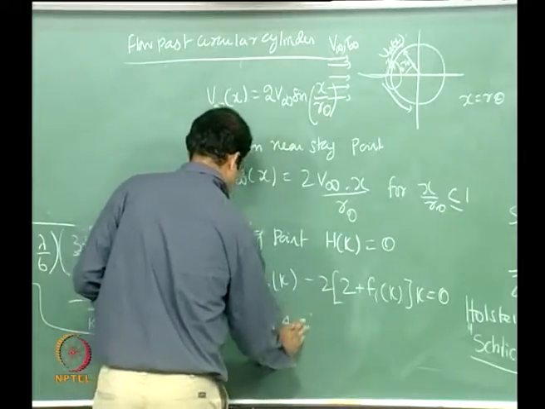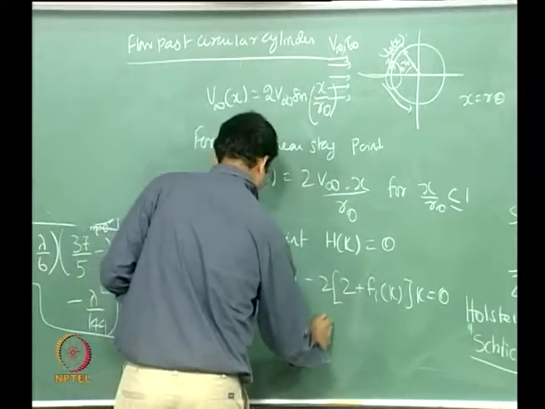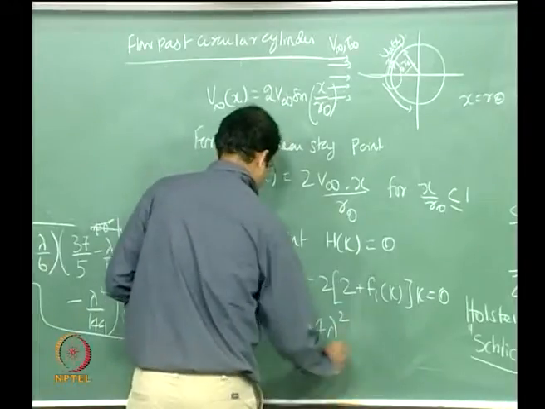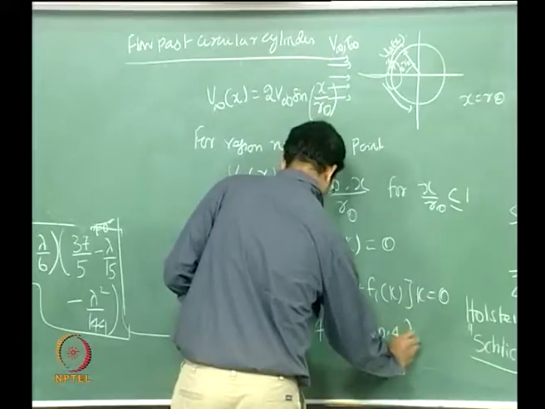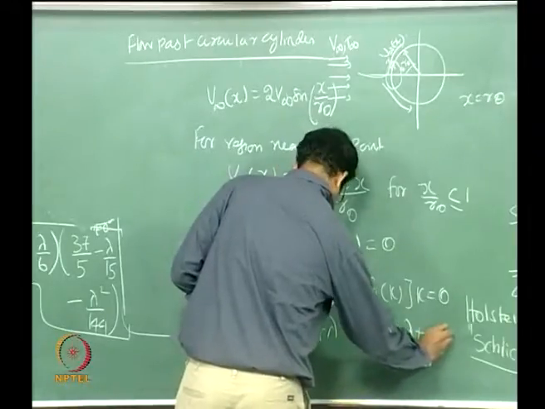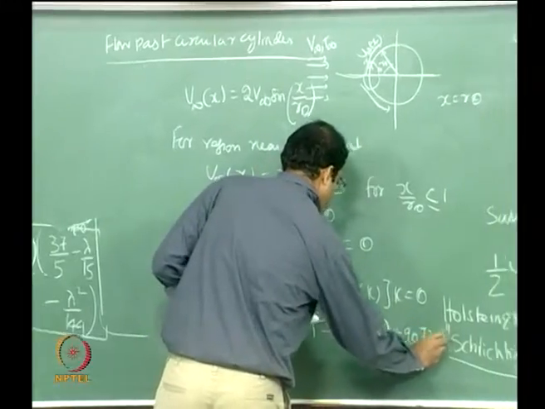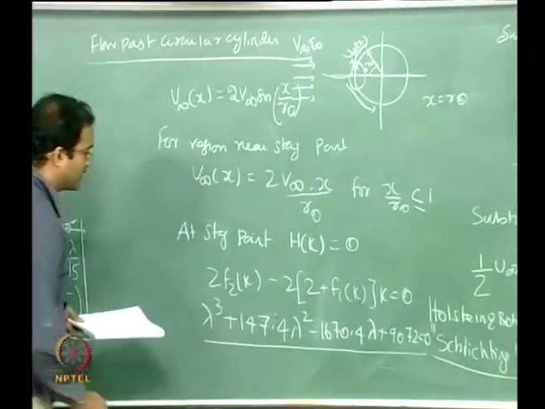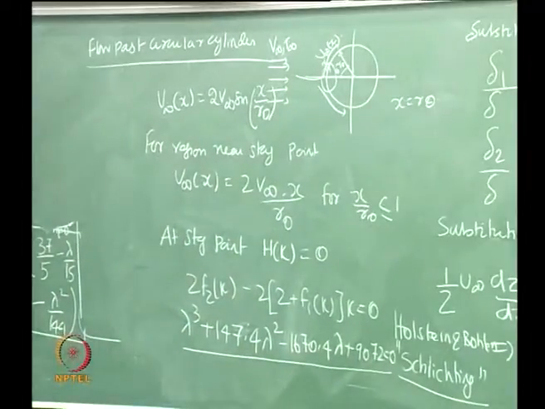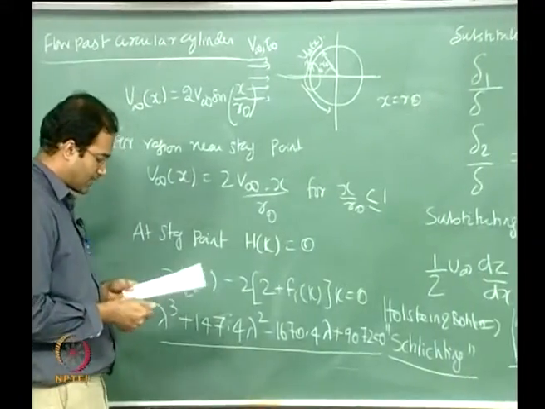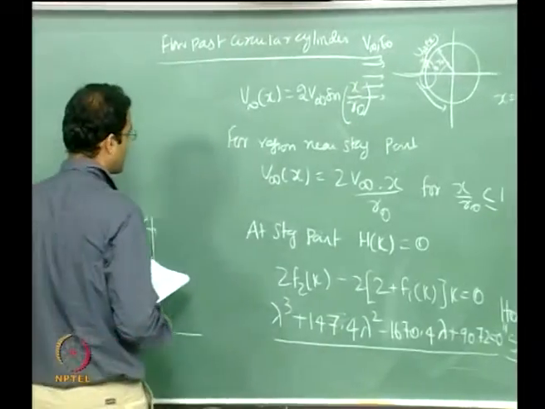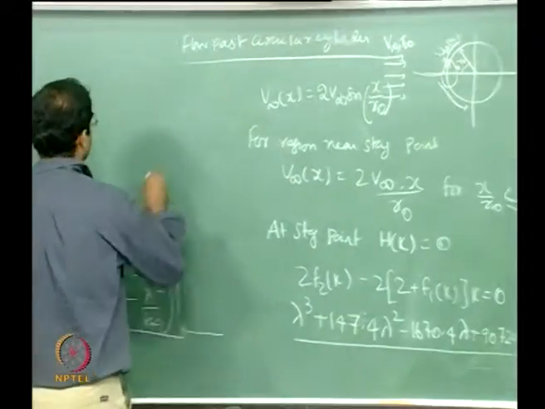This will be 147.4 lambda square, and so on. So this is the resulting algebraic expression that you will get if you substitute for f1, f2. If you solve this algebraic equation, you will get 3 roots, because it is a cubic polynomial. You will get values of lambda.